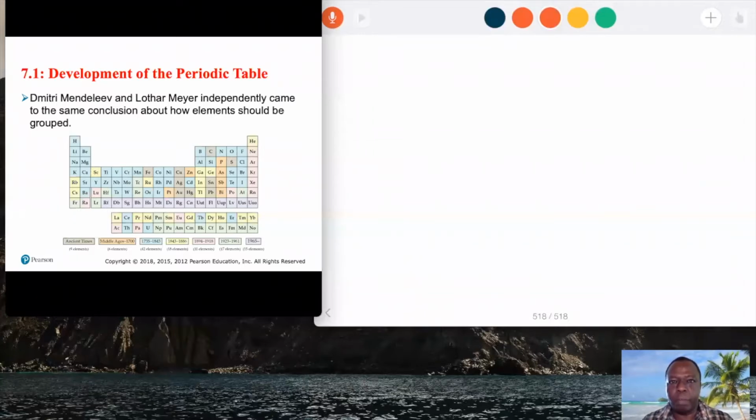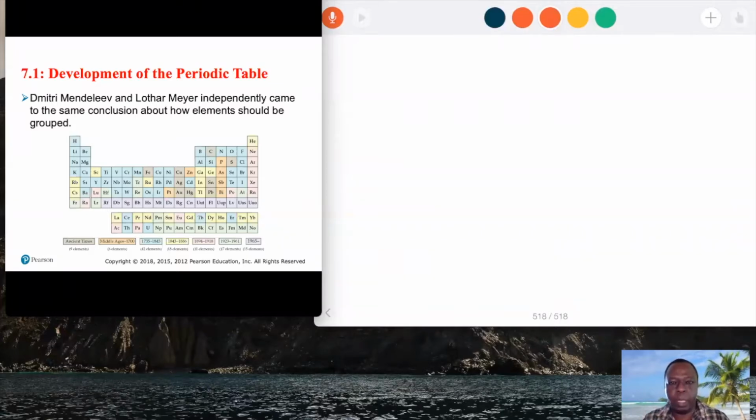Gold was one of them, and silver. At that time, it wasn't really a big deal memorizing the names, but over time a lot of elements were discovered, and chemists were faced with the challenge of classifying or grouping the elements. How do we classify all these elements?